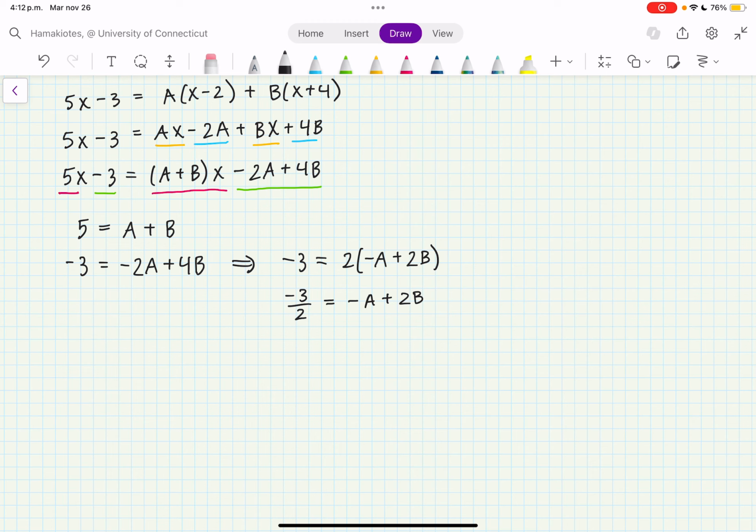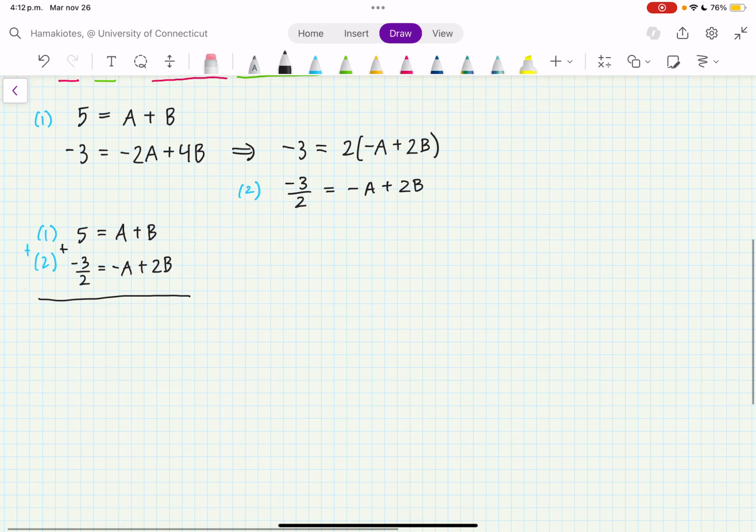Now I have a system of equations, where my first equation is 5 equals A plus B, and my second one is minus 3 halves equals minus A plus 2B. Now I notice that if I add these two together, my A's are going to go away because I have positive A and negative A. So let's try adding 1 plus 2. So 5 equals A plus B, and we're going to add this to minus 3 halves, which is equal to minus A plus 2B.